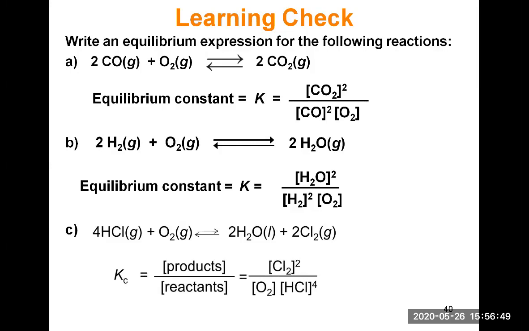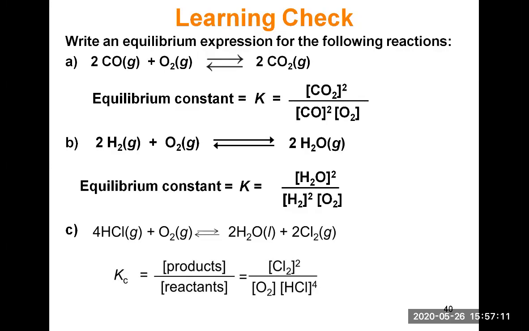Over the concentration of the reactant, so HCl raised to the fourth because we have a coefficient of 4 in front of HCl, times O2, and O2 has a coefficient of 1, so it's kept as it is.